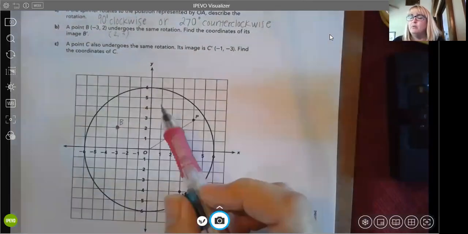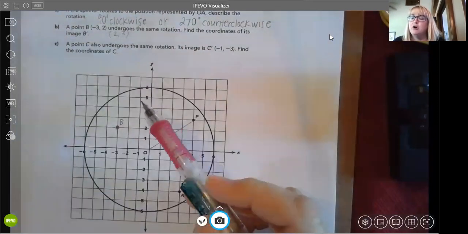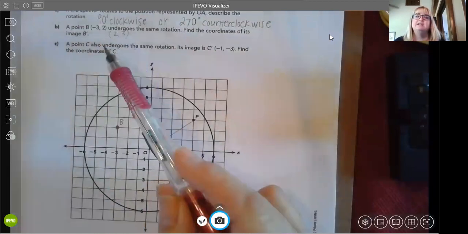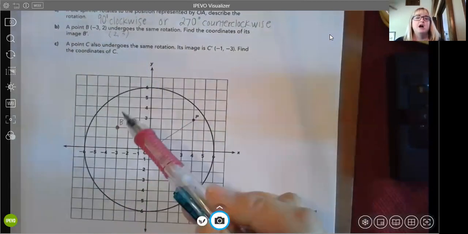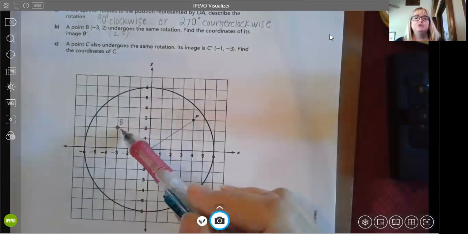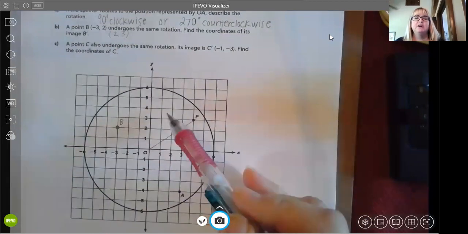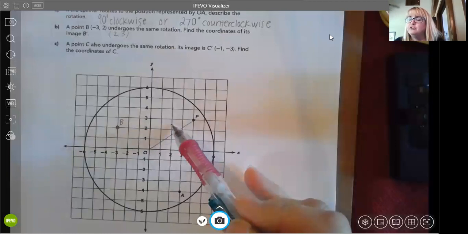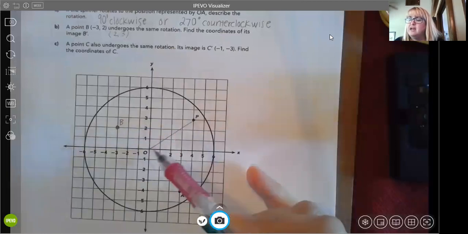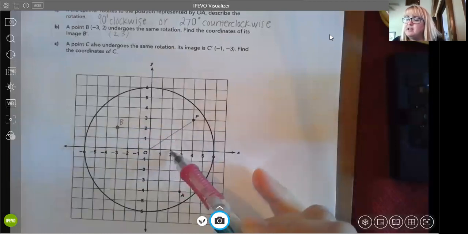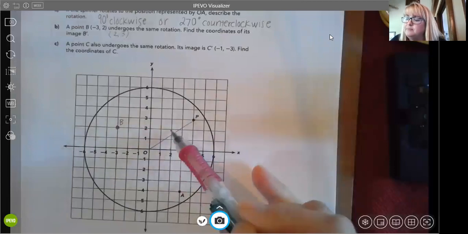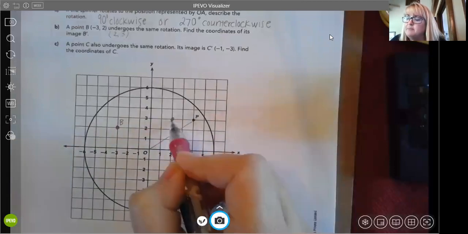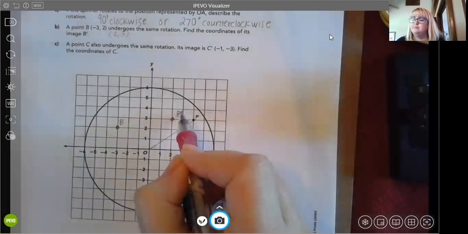I just think about what quadrant it's in. So I'm going to go over 2 and up or down 3, depending upon where I'm going. All right, B is moving 90 degrees, so we're here. So I need to go over 2, and then I need to go up 3. 1, 2, 3. So B prime is right here.